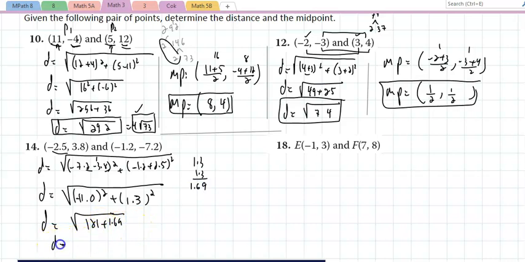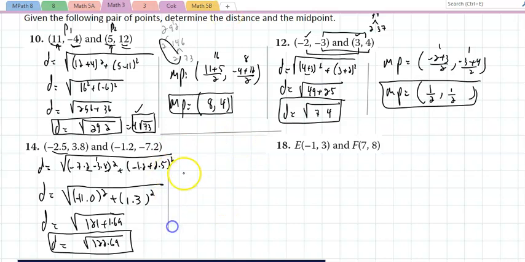And the distance would simply be the square root of 122.69, and that's a good enough answer. If it's decimal, you don't have to worry about it. Under a radical, basically you have to use a calculator, and we're not going to use a calculator, not yet.